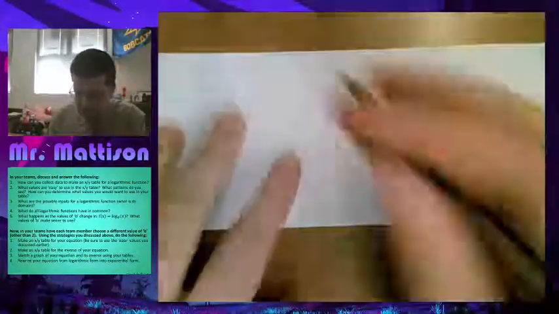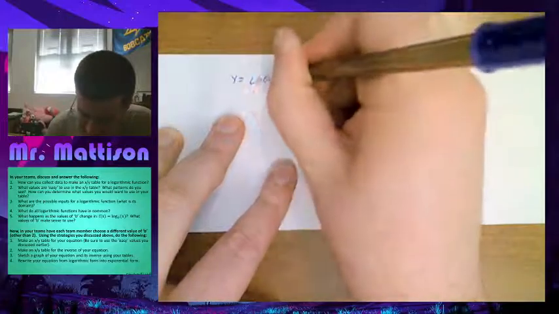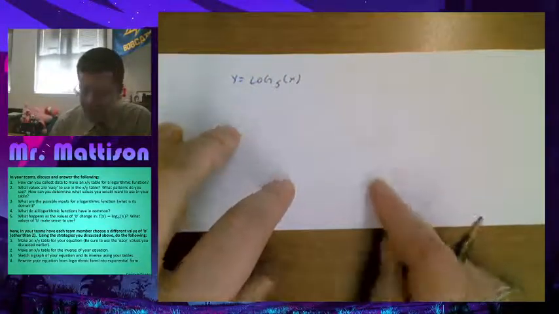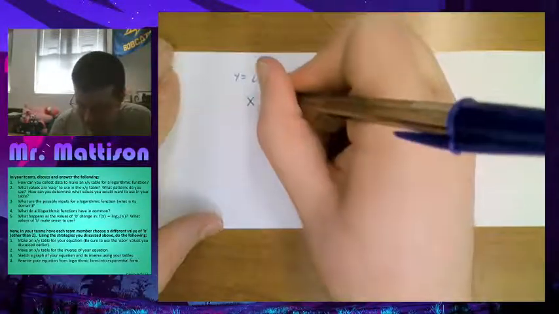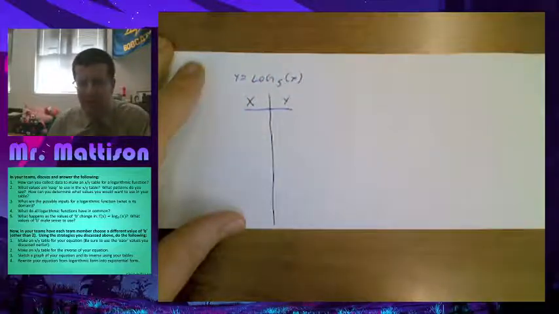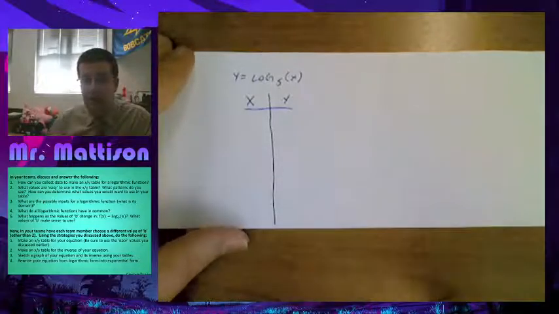All right, so we're going to go ahead and try this out. So we're going to do y equals the log base 5 of x, just because you likely didn't choose 5, so I chose 5 to make it a little bit different. So we're going to make our xy table here. Now the values which work nice for me and make it nice and pretty are values that are not multiples of, but powers of 5.